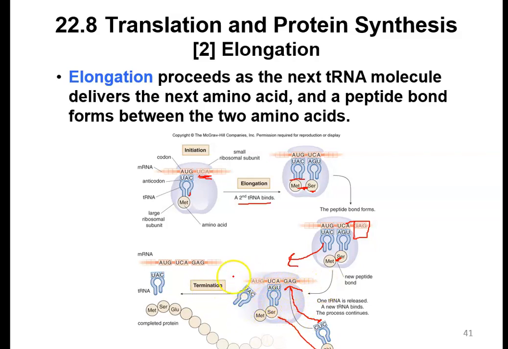Each of these tRNAs keep adding in, all depending on what our sequence is in our very long mRNA. So whatever our mRNA has for its codons, the corresponding anticodon pairs up with it, and whatever amino acid is in that hooks onto here. It's actually amazing how they were able to figure all this out.